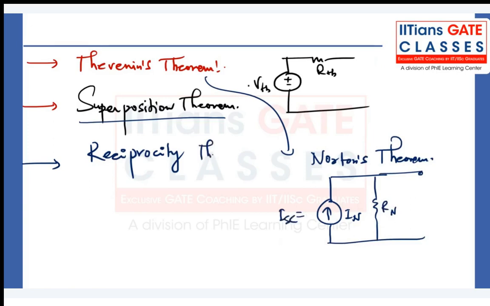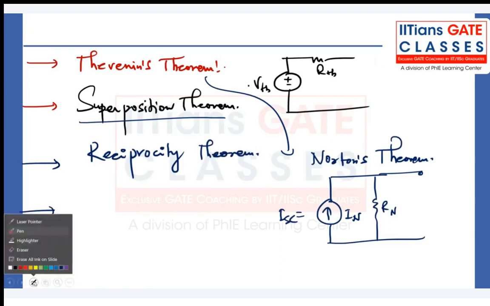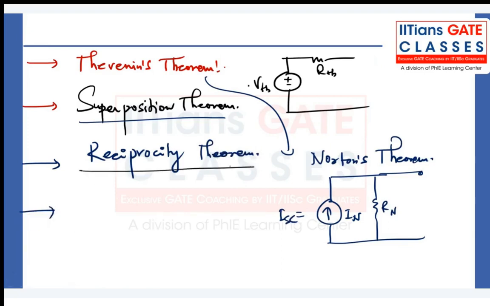I will give you the proof of the reciprocity theorem also, if time permits, because you have to cover these things in network theory. And one very important theorem will be Millman's theorem.